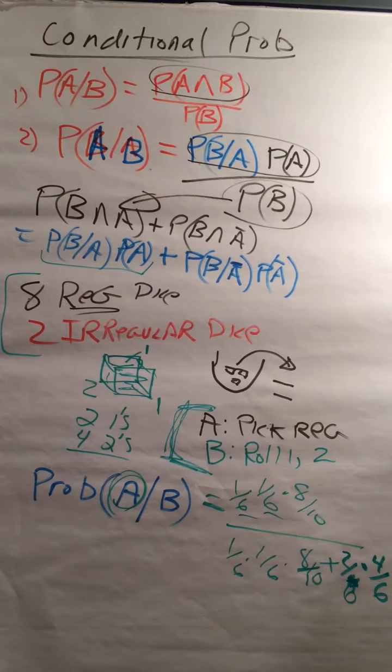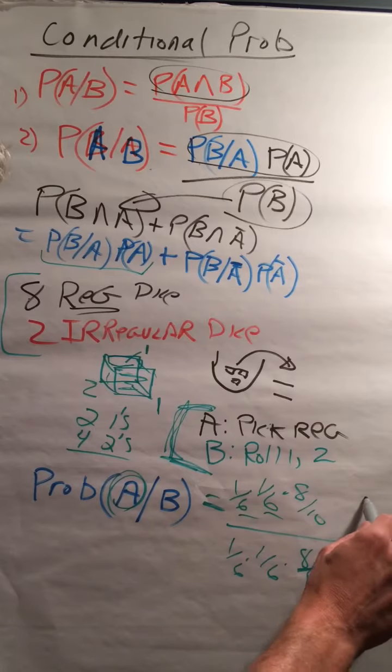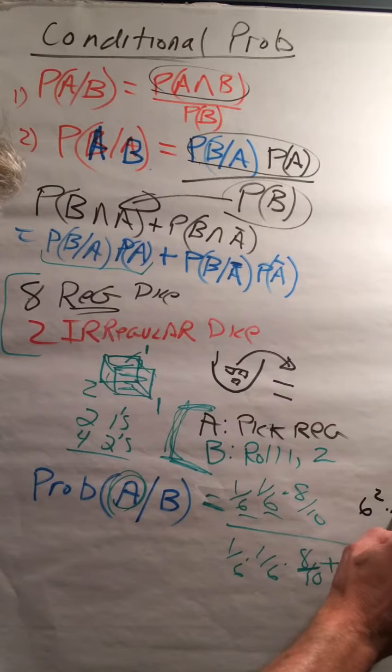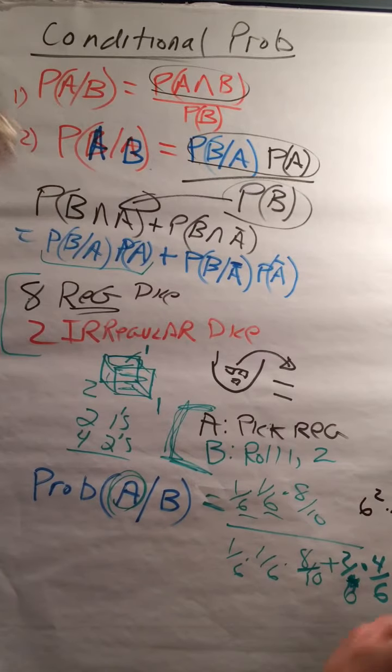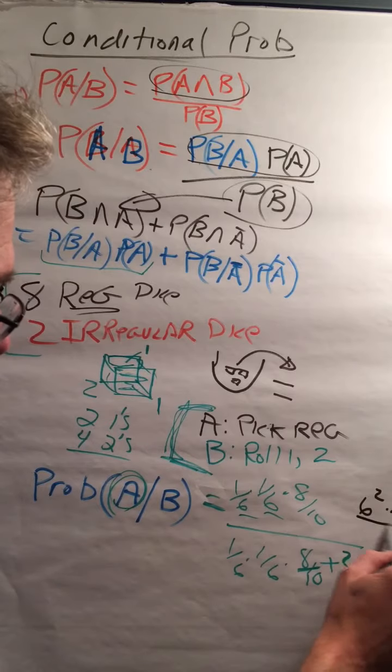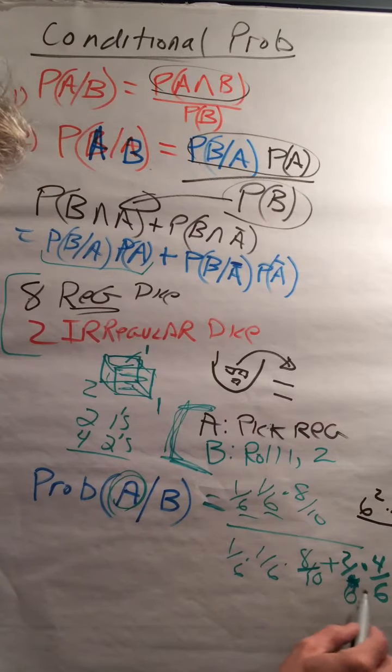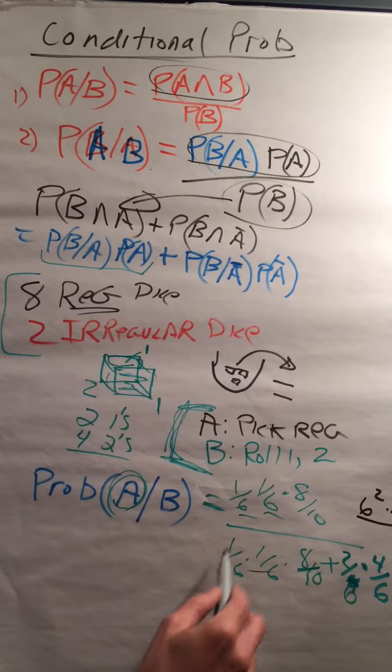So let's simplify this a little bit. Let's suppose we multiply top and bottom by 6 squared times 10, and multiply this bottom by 6 squared times 10.